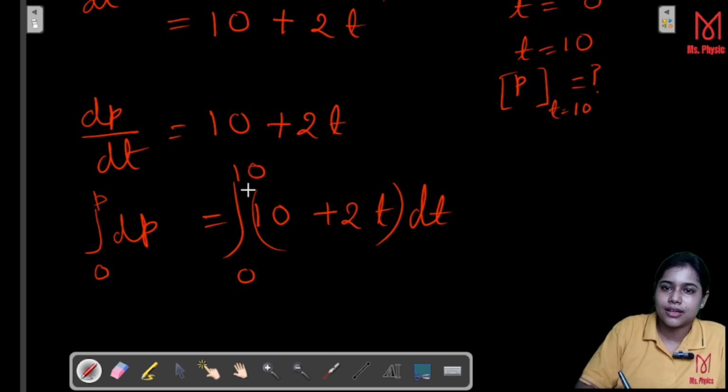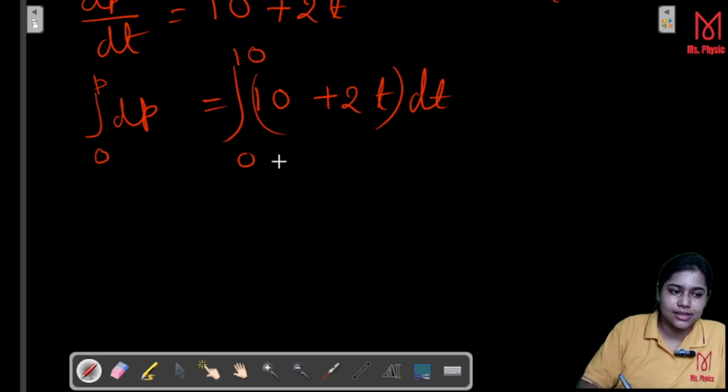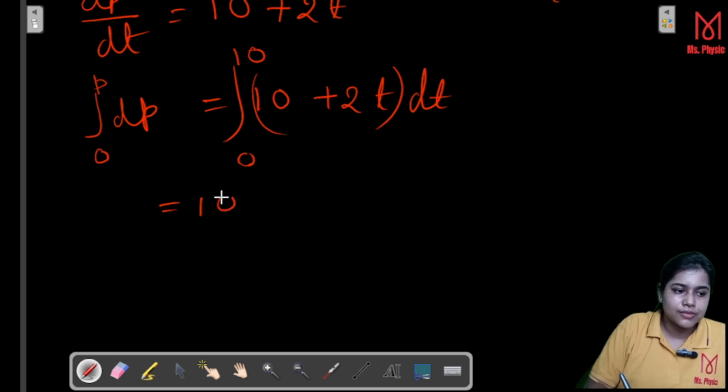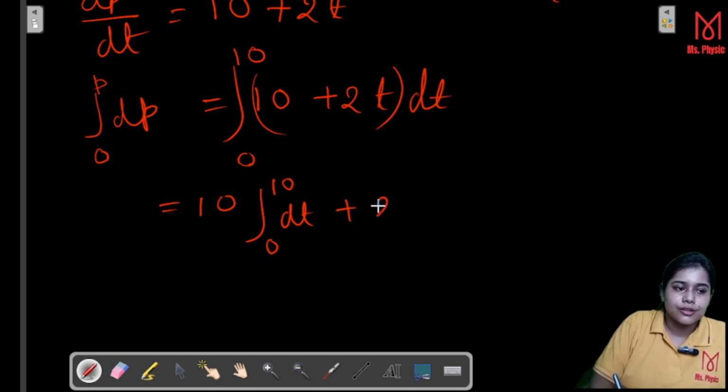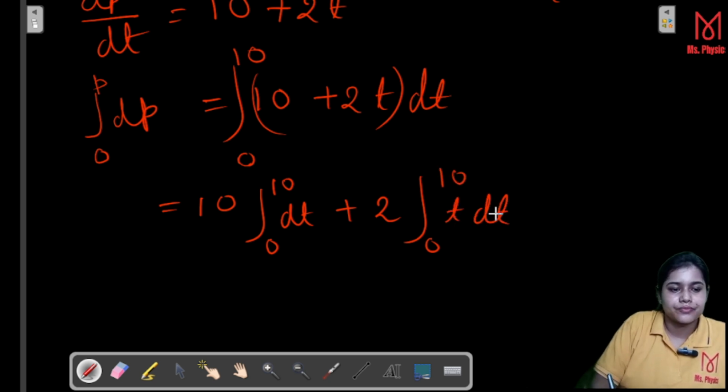The time values are given. Now you do the integration. Is equal to, here 10 is constant, so it will be out of the integration, 0 to 10 dt. Plus 2, it is also constant, so 0 to 10 t dt.